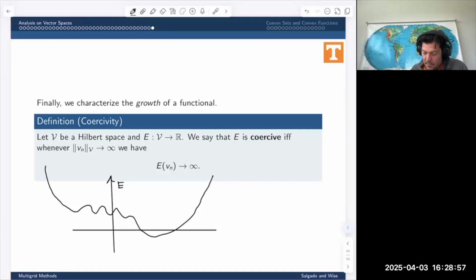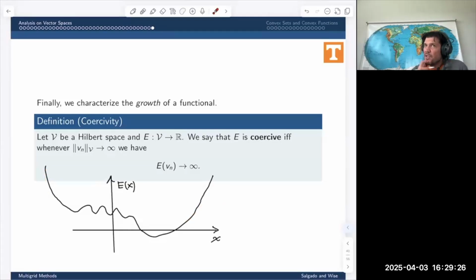So let me get rid of that R and just write X. Okay, so in this case, E of X is a coercive function. As we're going off to infinity, either this direction or this direction, the values of E are going off to infinity. Okay, so that's an example of a function which is coercive.